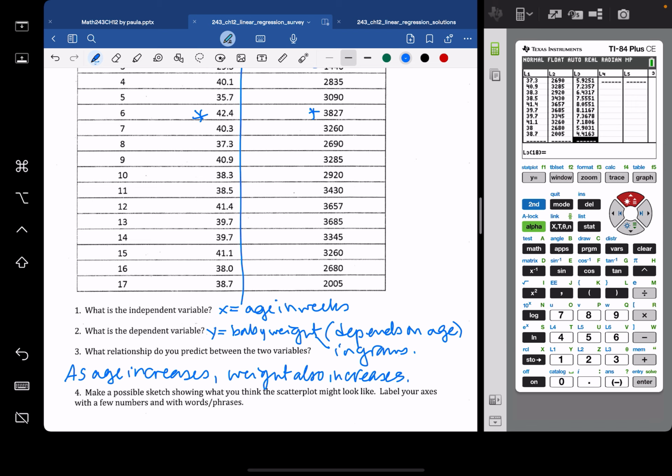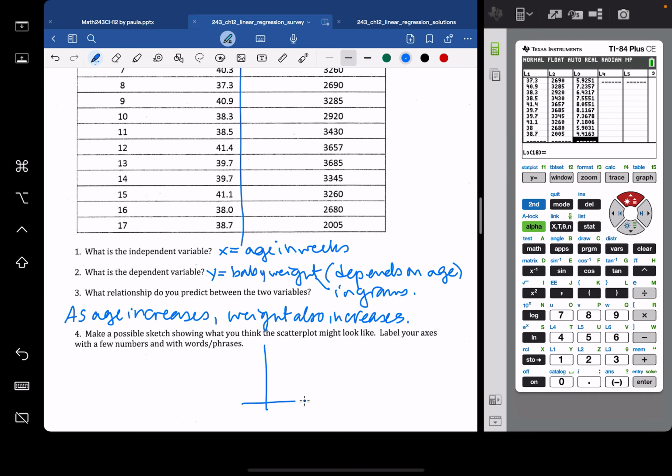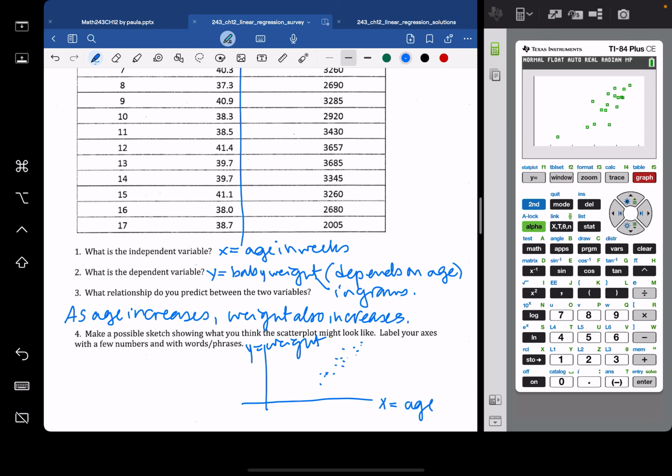Make a possible sketch. Well, it's too late. We already saw our scatter plot, but before you do a scatter plot, you could just say, oh, if x is baby age and y is weight, then I would expect that the older the baby gets, then it's going to weigh more. So we'd expect something like that. And sure enough, our graph looked something like that.